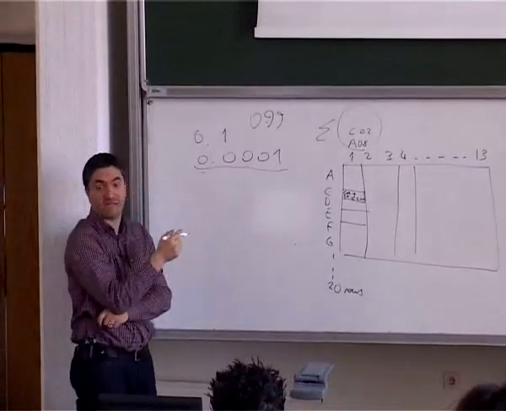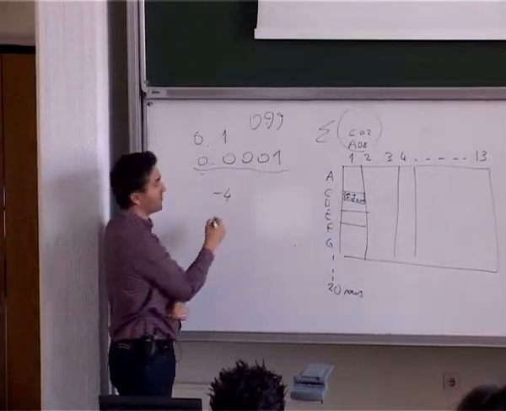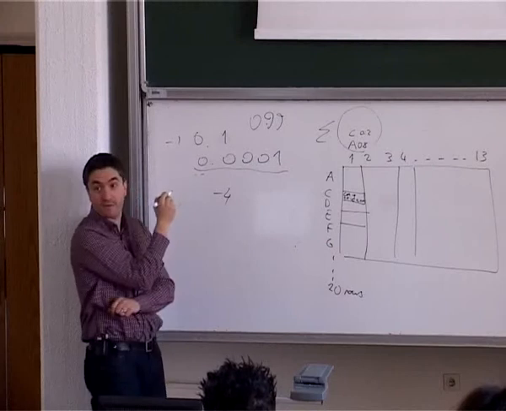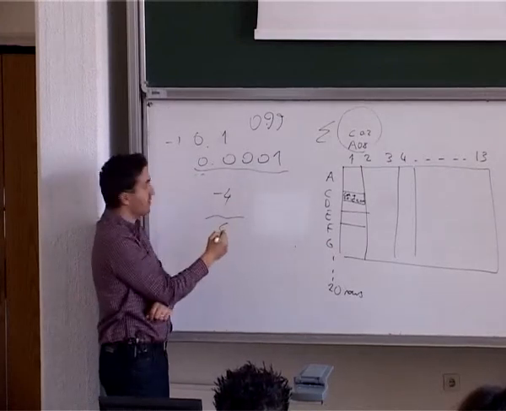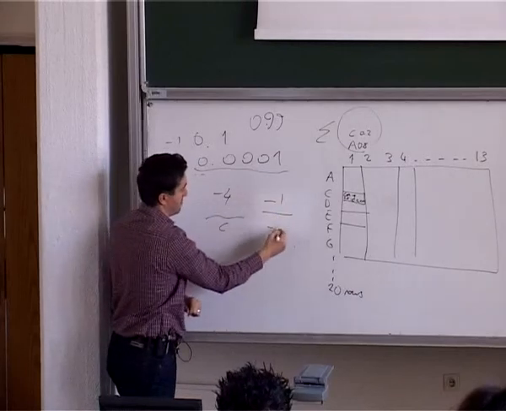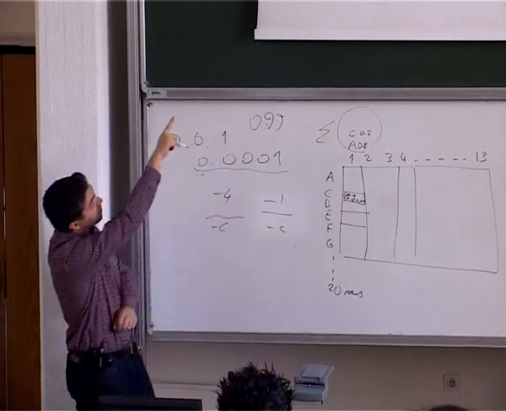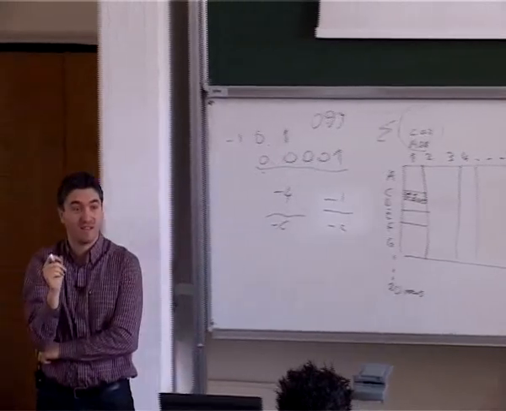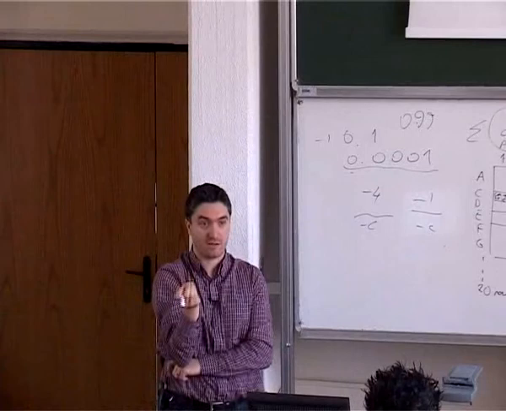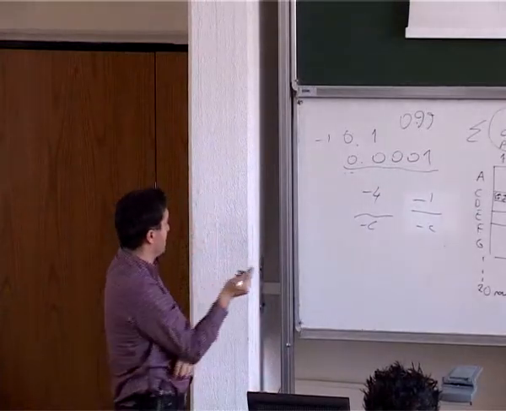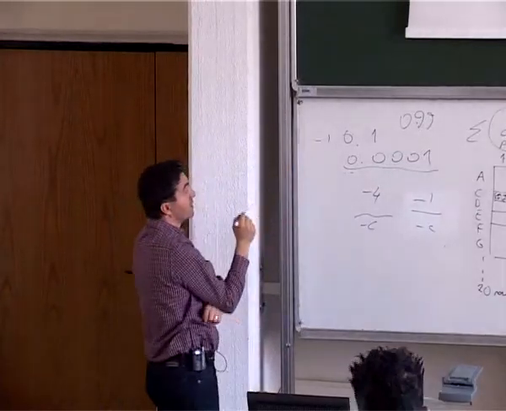If it was base 10, for example, this would be minus 4, this would be minus 1. So minus 4 divided by some constant, and minus 1 divided by some negative constant. These are both negative constants. So ln 1 over N plus 1 is a constant number. It doesn't change from amino acid to amino acid. It's a constant, but again, a constant smaller than 1.